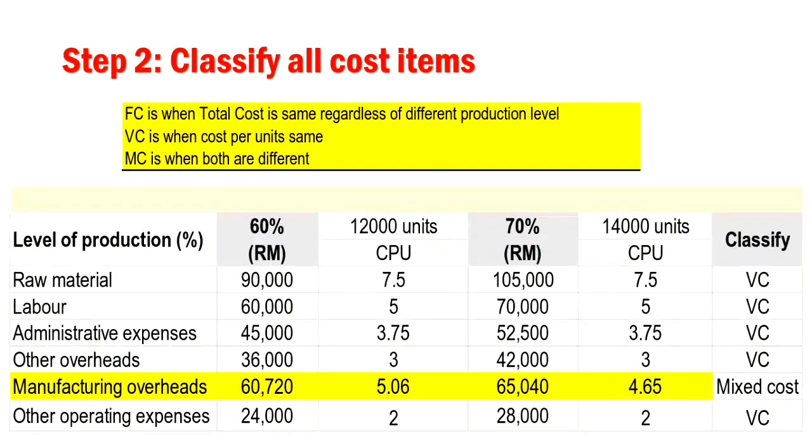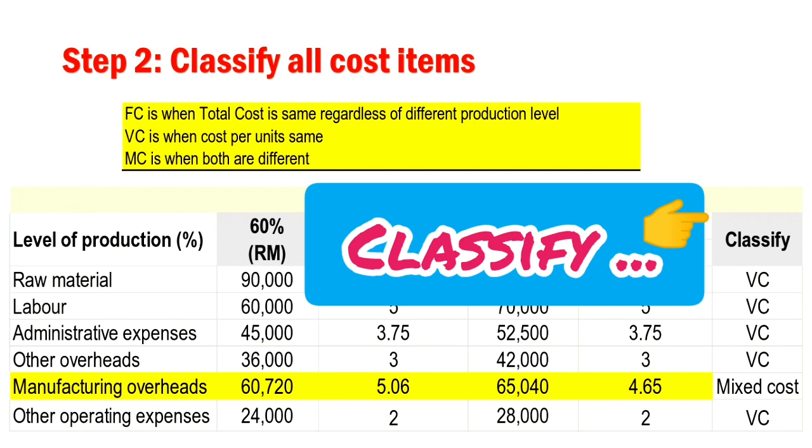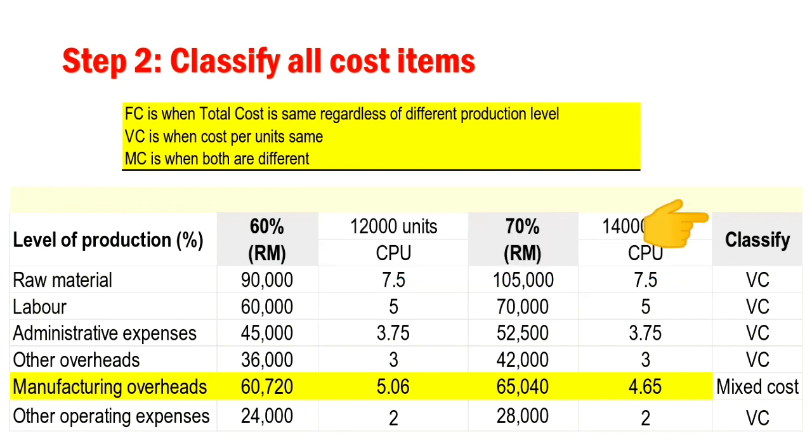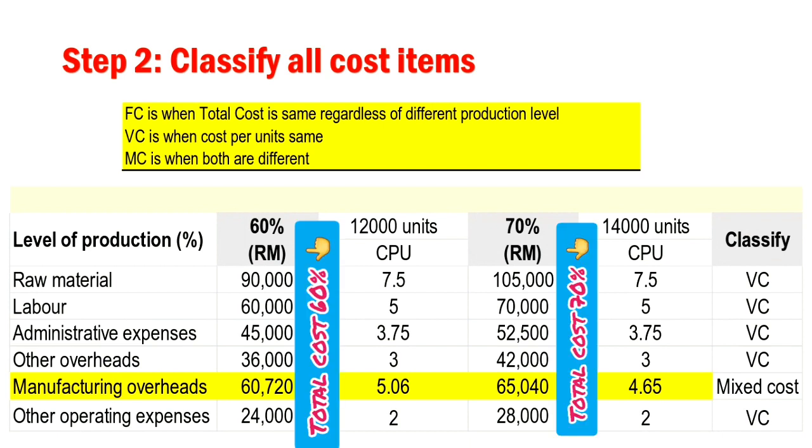After calculating cost per unit, the next stage is you have to do the classification. So first step, you have to identify if there is any fixed cost. Compare total cost 60% and total price 70%. Compare line by line.